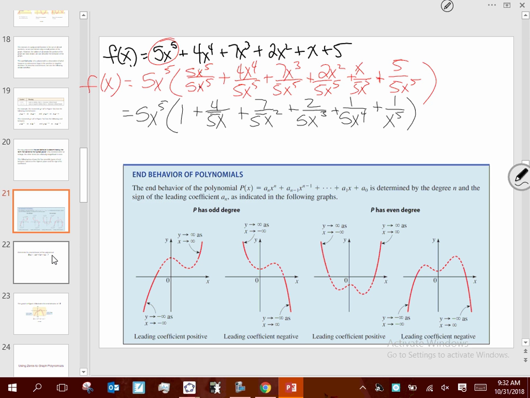Now, in end behavior, the idea is that x is getting very, very, very big. Does that make sense? So I'm going to evaluate this thing at a very, very large number.